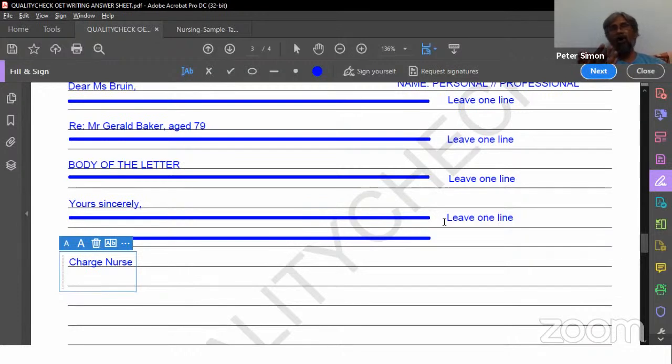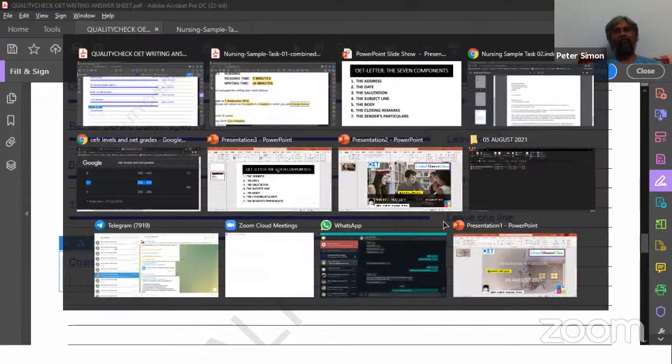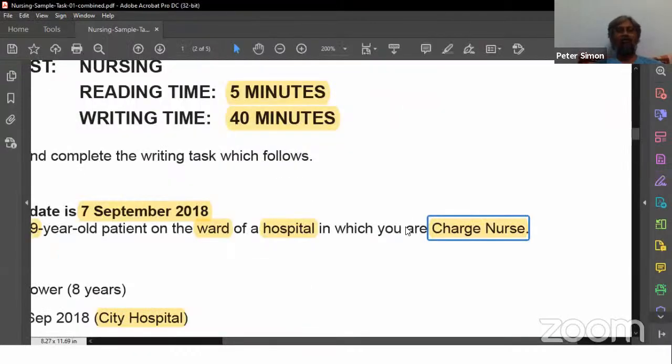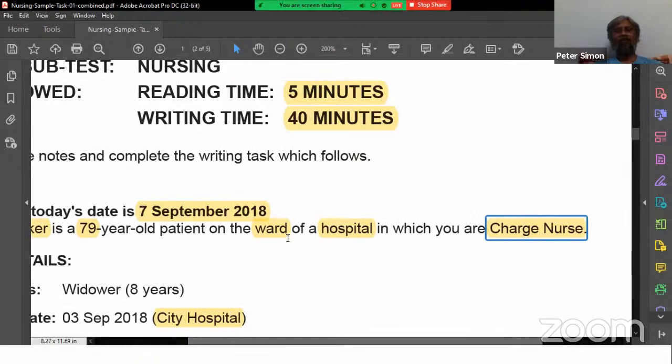He did not say you are Miss Margaret Thatcher. He did not say you are Mr. Abraham Lincoln. Where is the address, sir? Ward of a hospital. Ward of a hospital becomes hospital ward.